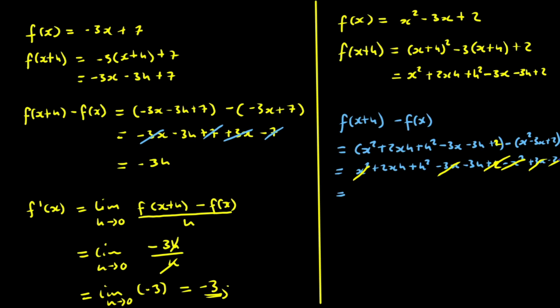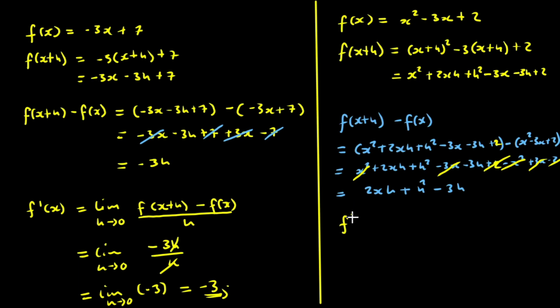The idea is that everything from the side of f of x should be cancelled. If you see something left, you know that you've made a mistake. So what is left? We are now left with 2xh plus h squared minus 3h.